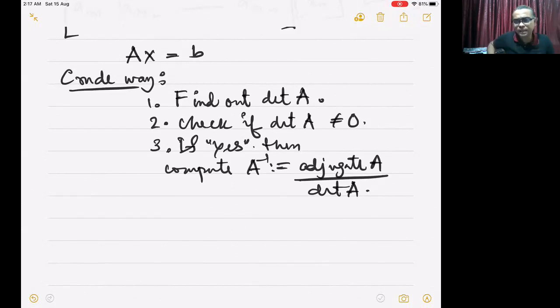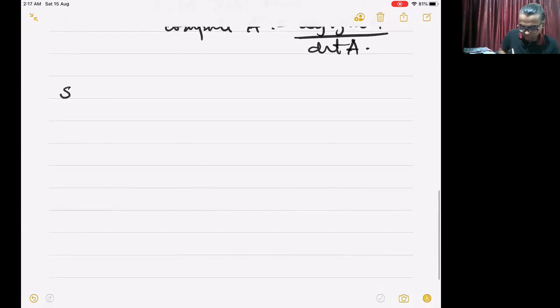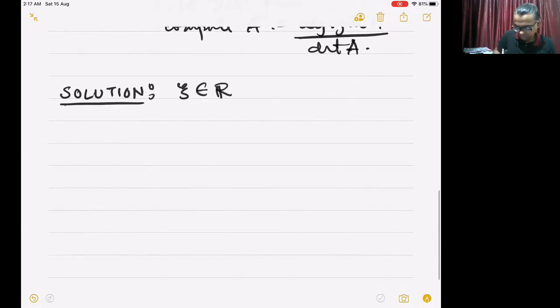Before we proceed, it would be important for us to define what we mean by solution of an equation, of a system of equations, because we are saying we have to solve it, no? So what do we mean by a solution? Suppose xi in Rn is a given vector. It's not a variable anymore. It's a vector.